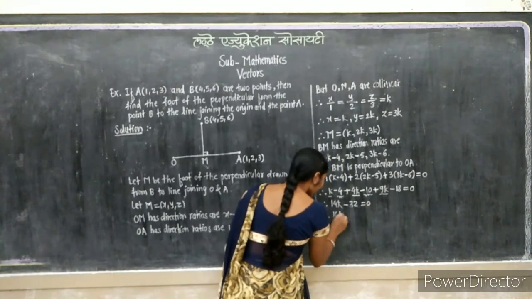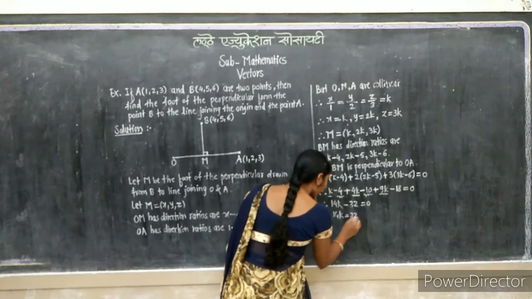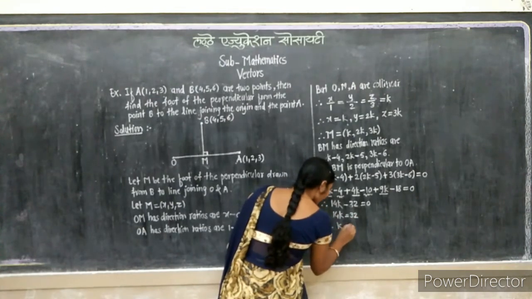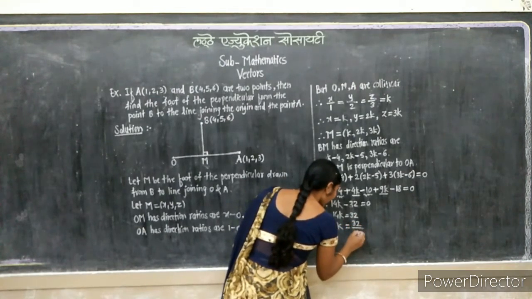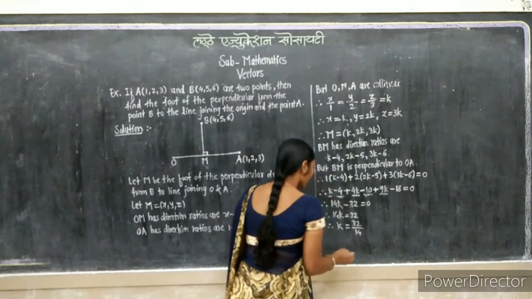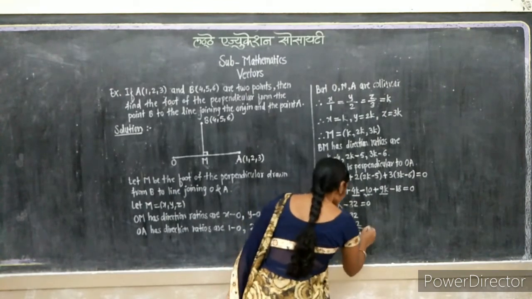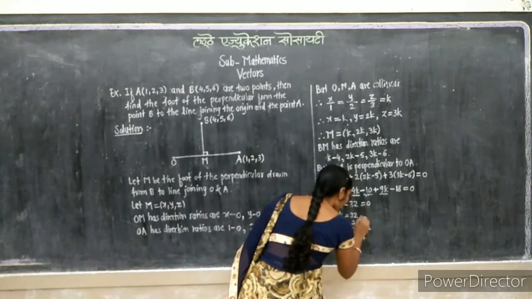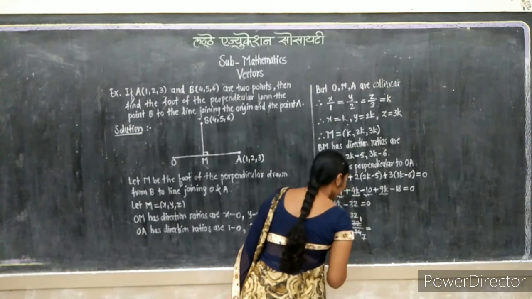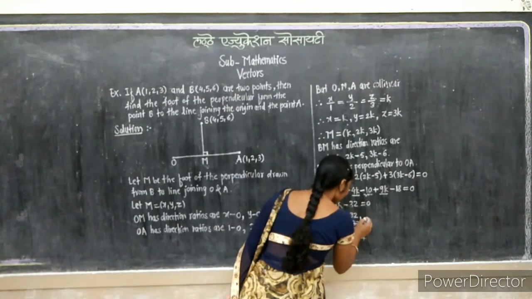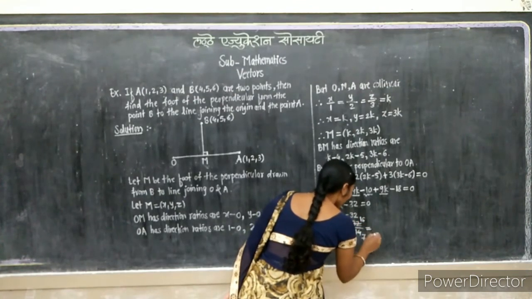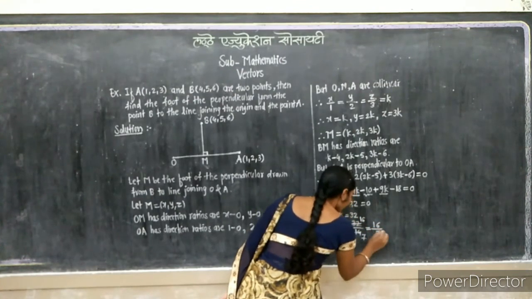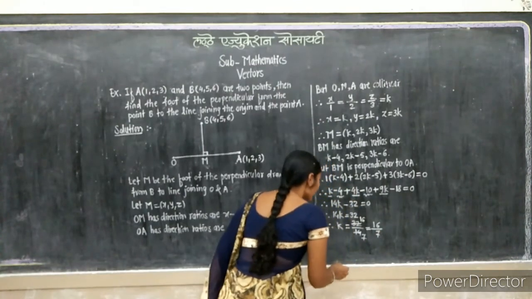Therefore, 14k is equal to 32, so k is equal to 32 divided by 14, which is 16 by 7.